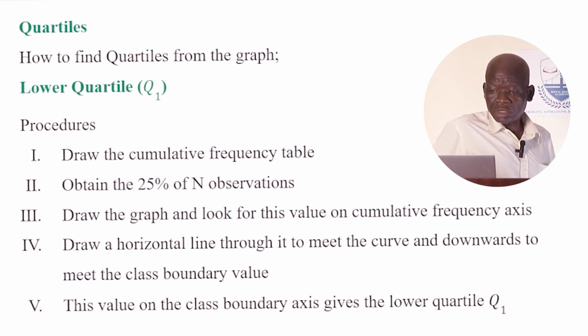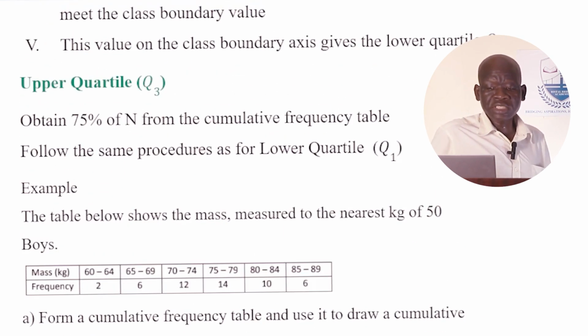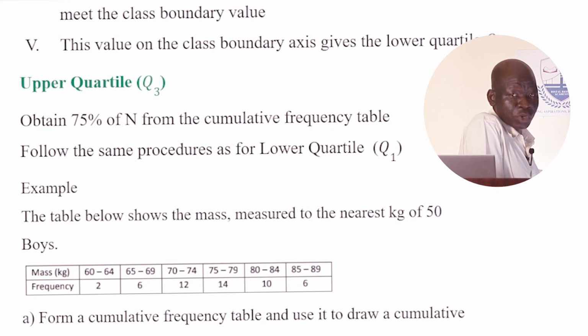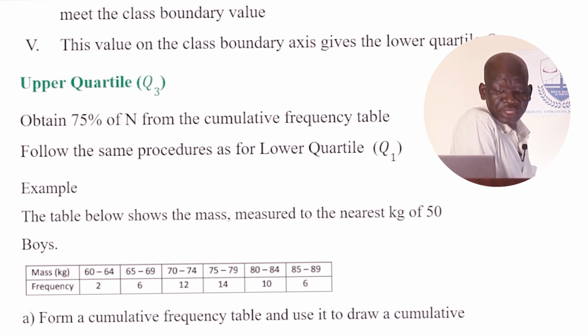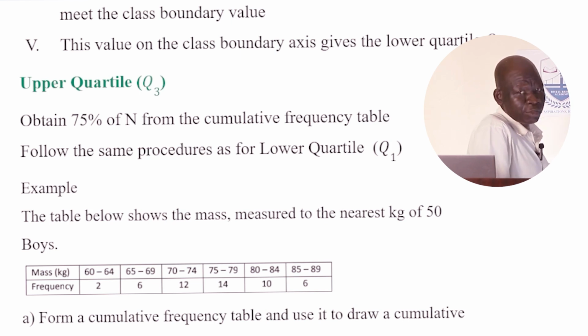Then we can look at the upper quartile, Q3. How do you obtain Q3, or the upper quartile value, graphically? For this one, the process is almost the same. We start by drawing the cumulative frequency table.